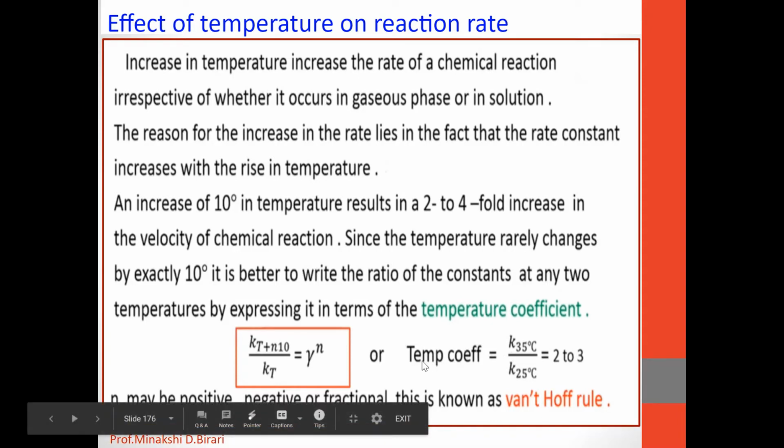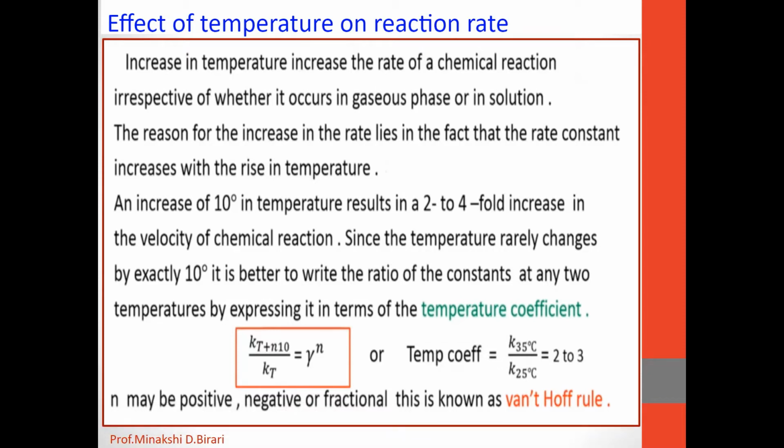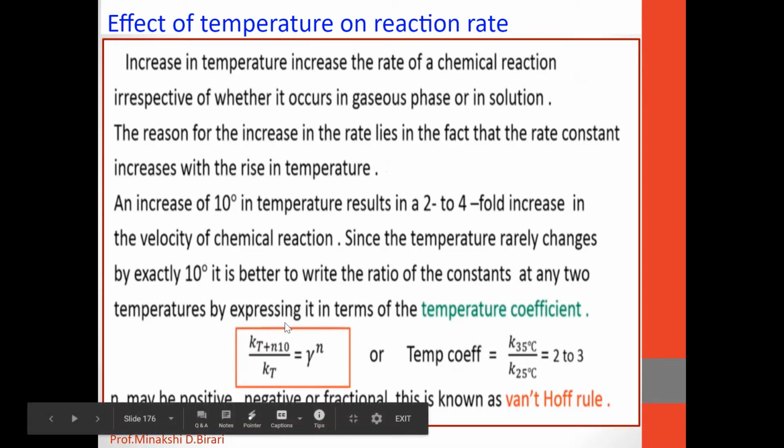The value of the temperature coefficient for most of the reactions is close to 2, and in some cases it approaches even 3. The temperature coefficient is given as K at 35 degrees Celsius divided by K at 25 degrees Celsius, that is, the rate constant at temperature T plus n into 10 divided by the rate constant at temperature T is equal to gamma raised to n, where n may be positive, negative or fractional, and this is known as van't Hoff's rule.